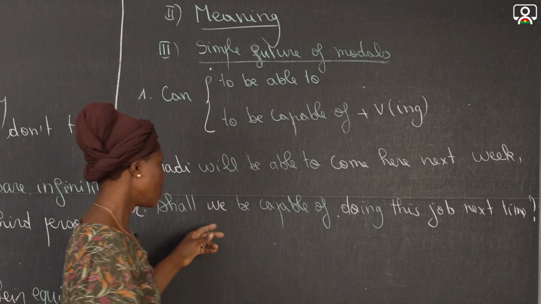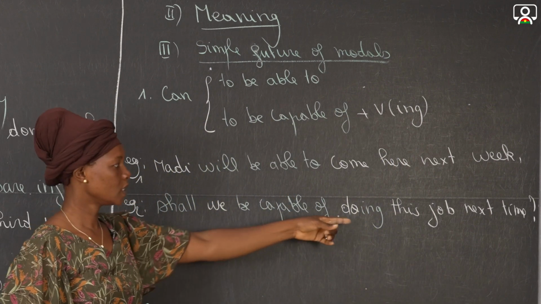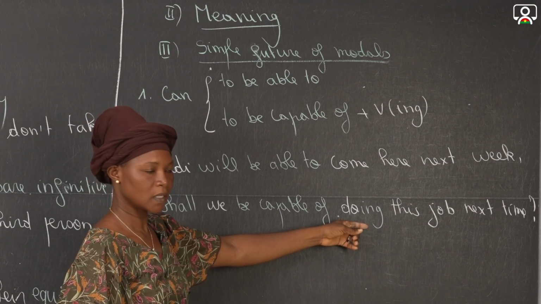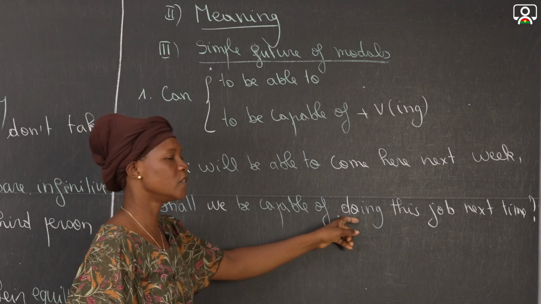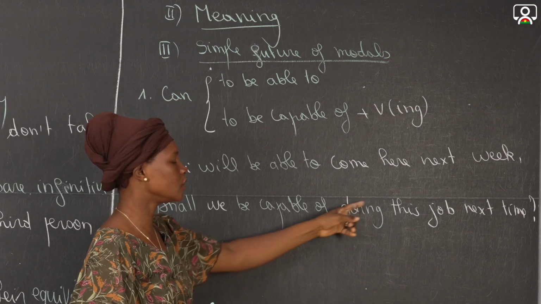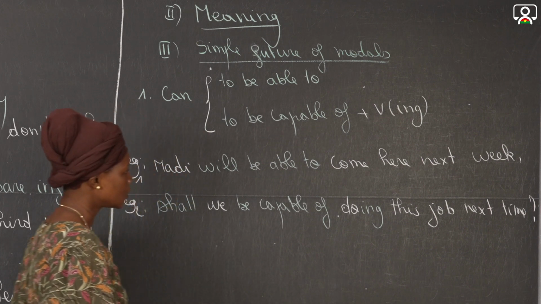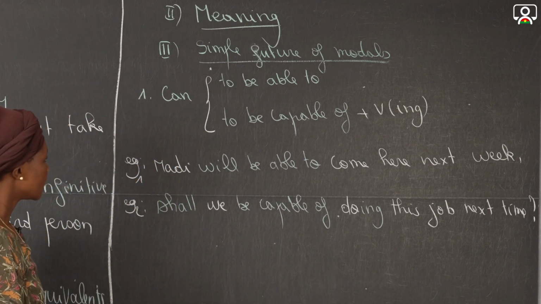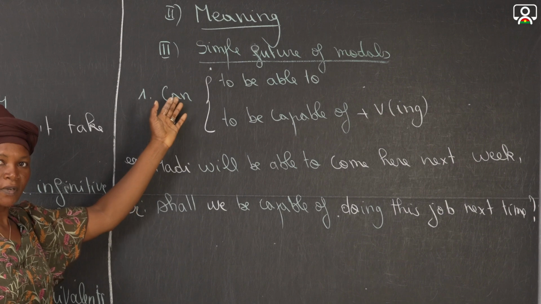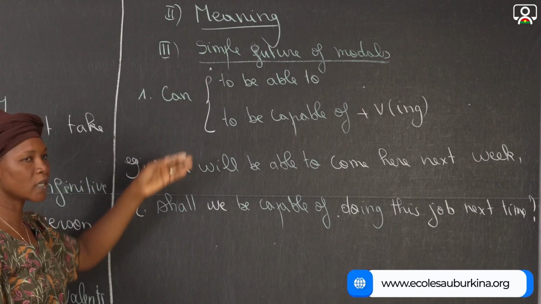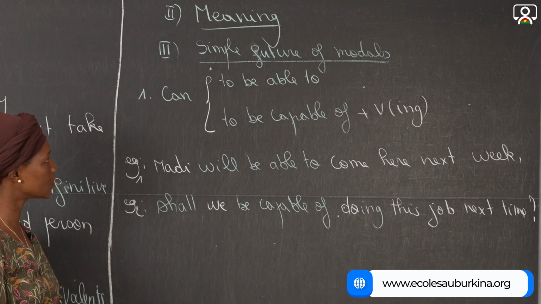So when we use this equivalent, your verb must be in the gerund. We don't say be capable of do, but be capable of doing. So mind these changes. So these are the equivalents of can. So learn them, master them, so that you can use them in the simple future.